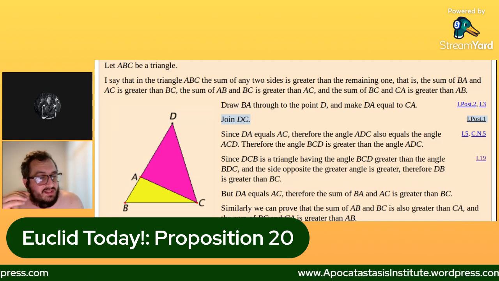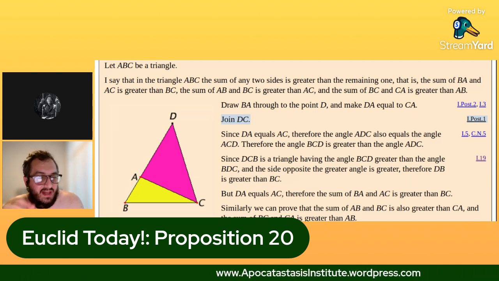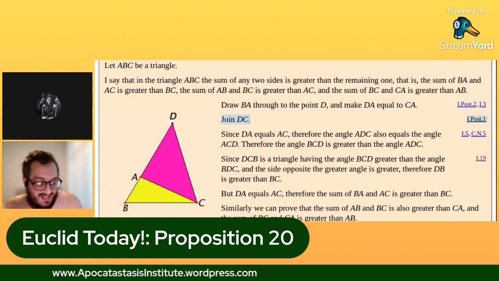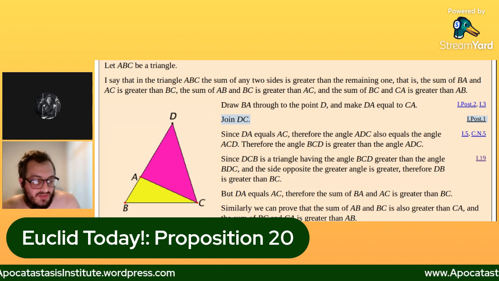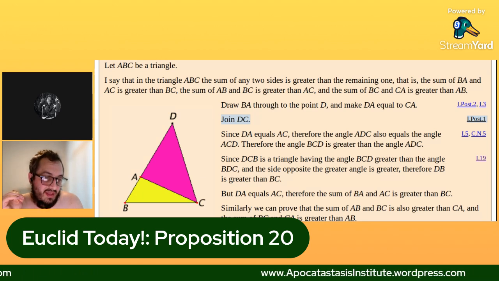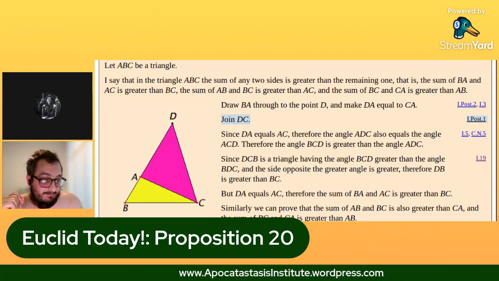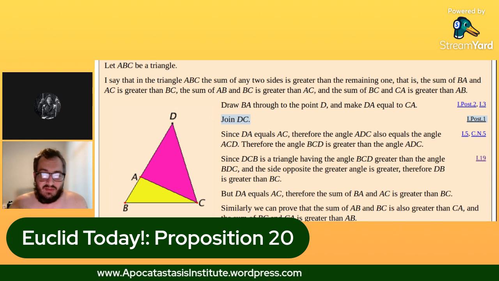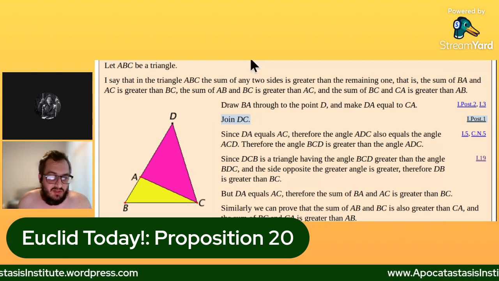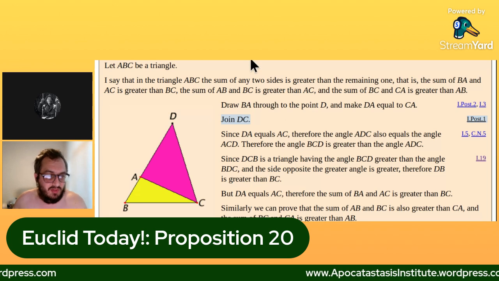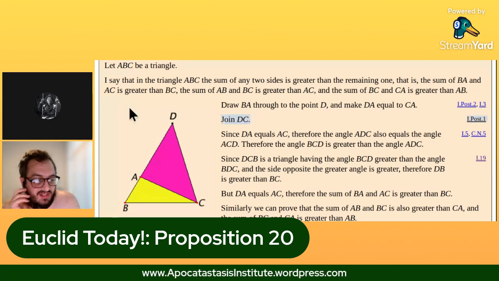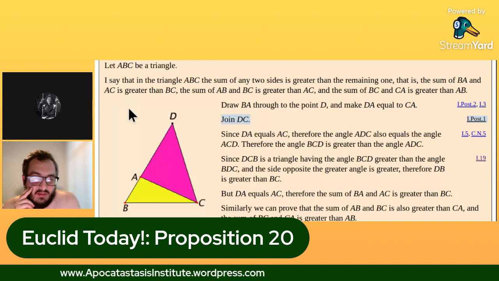Okay? And since they're equal to each other, the fact that BCD is clearly larger than ACD means that BCD also has to be larger than BDC. Is that clear? I hope that's clear. That's, I would think, the most challenging part of this proof, seeing that bit of a leap, because it's not obviously explained in the text.